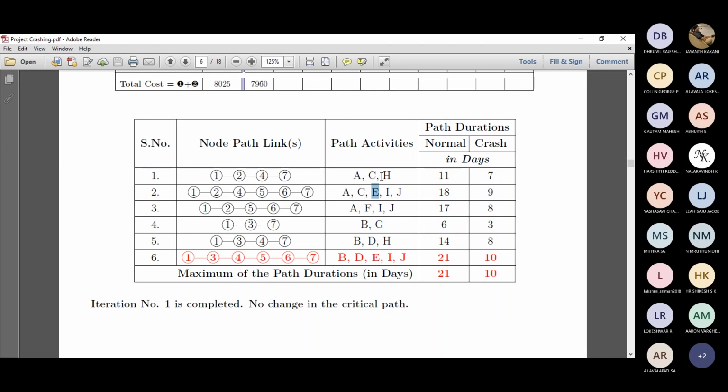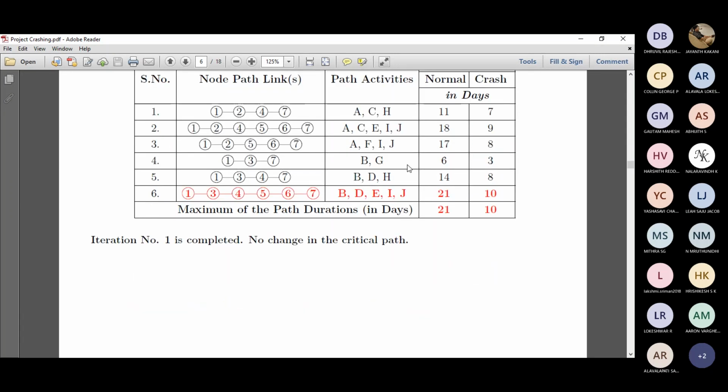But in this case, only the value for D varies because we only reduced D by 1 day. Overall the critical path remains the same, so 21 is still the highest, and we'll continue the iteration.